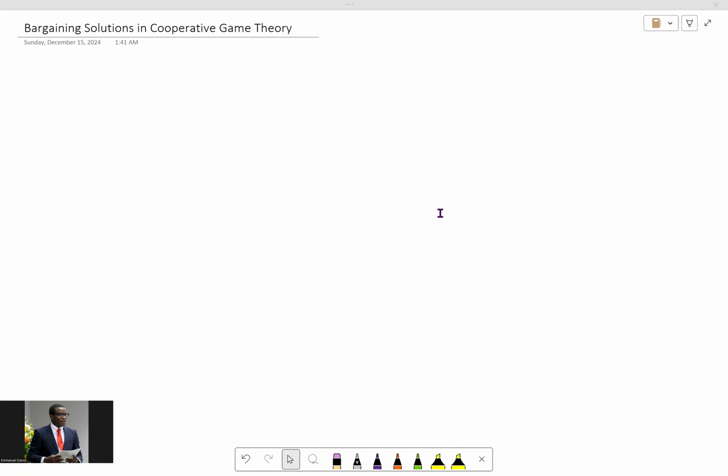So I've talked about the introduction, where we introduced all of that idea generally, and then we looked at the core of a game, where we saw the payoff that each player should have so that they don't pull out, because if they pull out it will be at a loss to them.